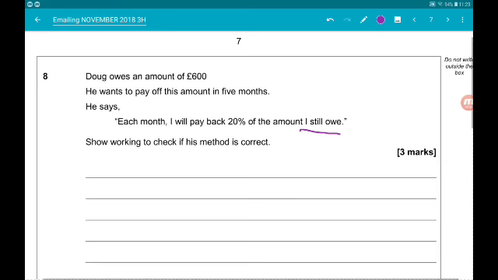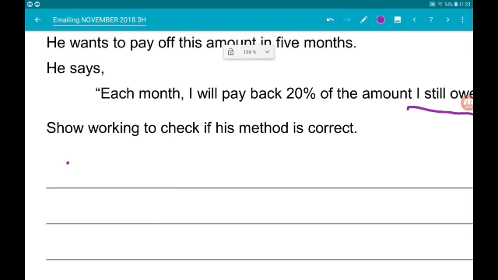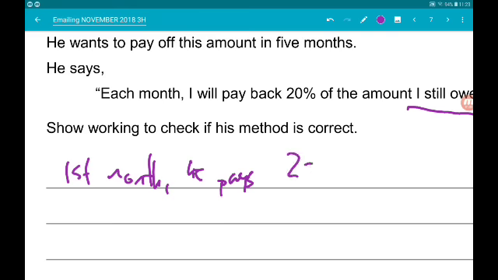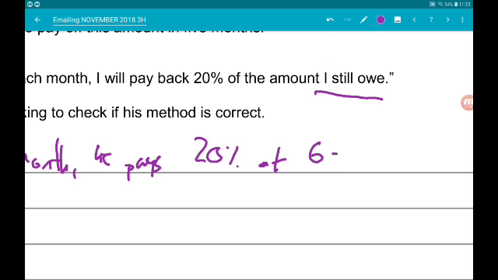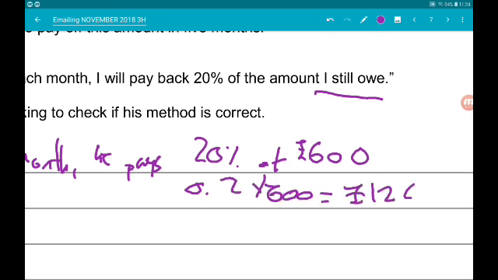So, for example, in the first month, he pays 20% of 600. Now, on your calculator, I would do that as 0.2 times 600, and that gives us 120.